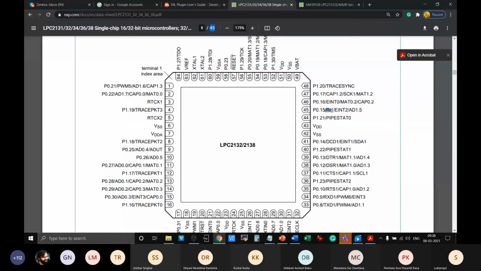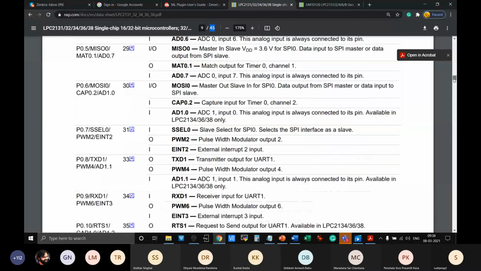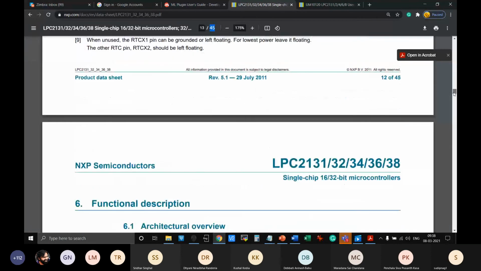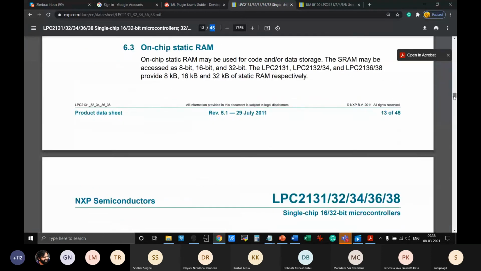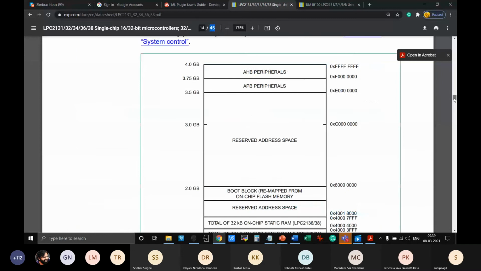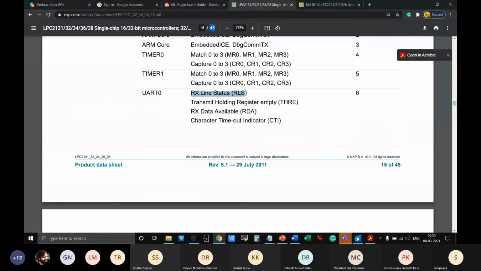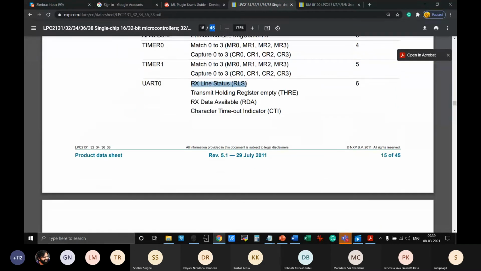These are not commonly used these days, but were very important earlier. Due to these additional signals, they are called line status, and that is why the RX line status interrupt is also important and is considered here.